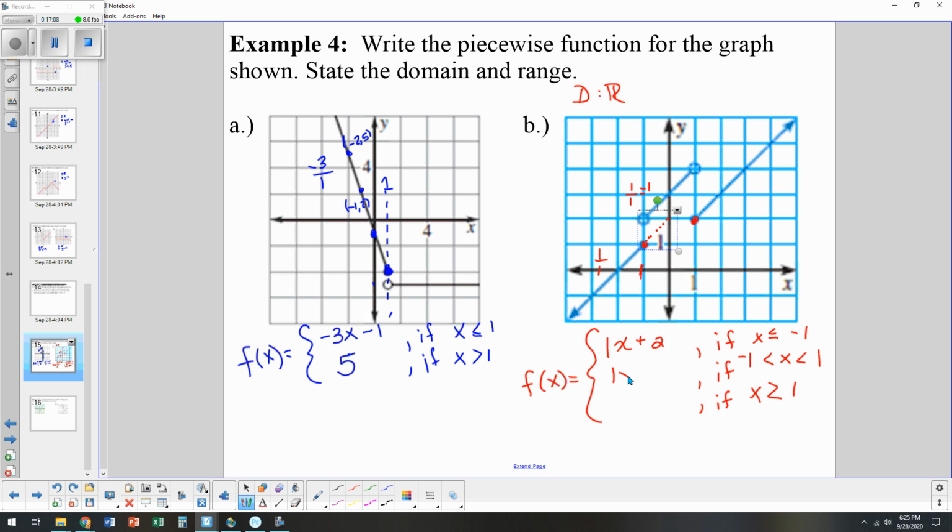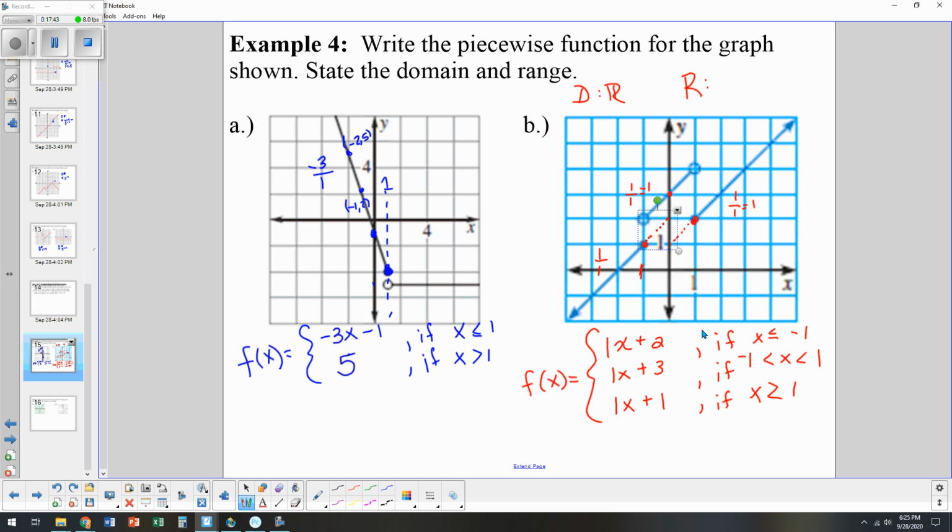So it's 1x. And this one actually crosses the y-axis at 1, 2, 3. So plus 3. And the graph on my right, my rise over my run is again 1 over 1. So it's 1x. And if I were to continue my dotted line, it crosses at positive 1. So this is my piecewise function for this graph.